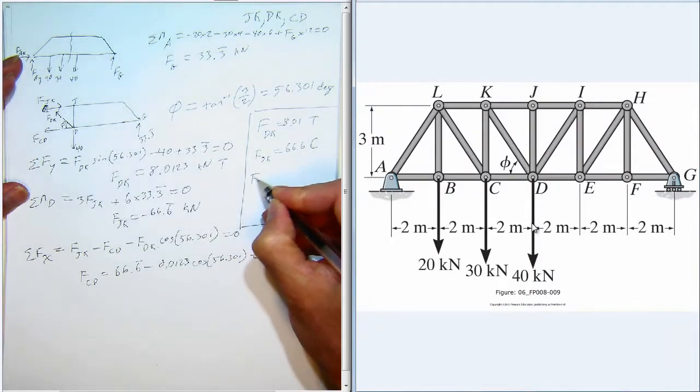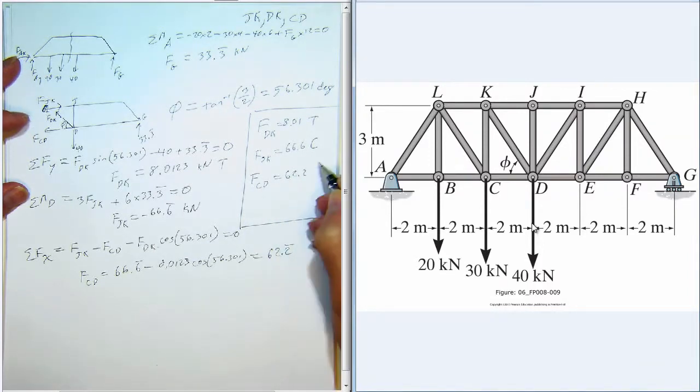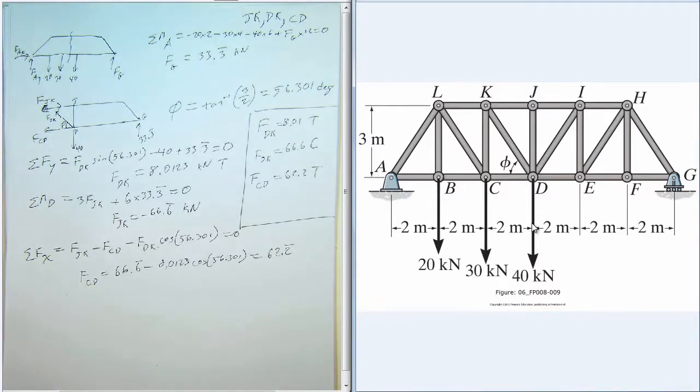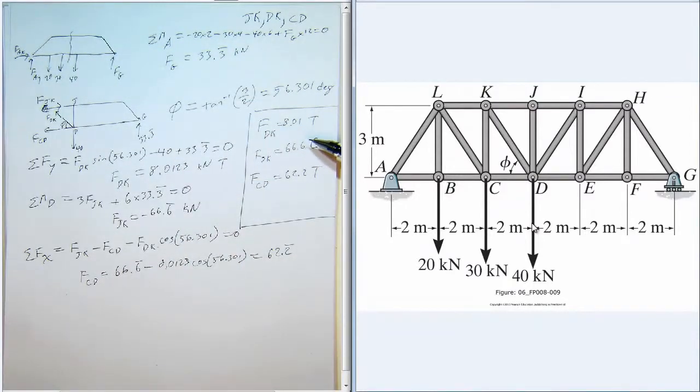So FCD is 62.2, and it's in tension because our positive number here agrees with the figure. So we use the method of sections to find the forces in the three members DK, JK, and CD. And 2 are in tension, 1 is in compression.